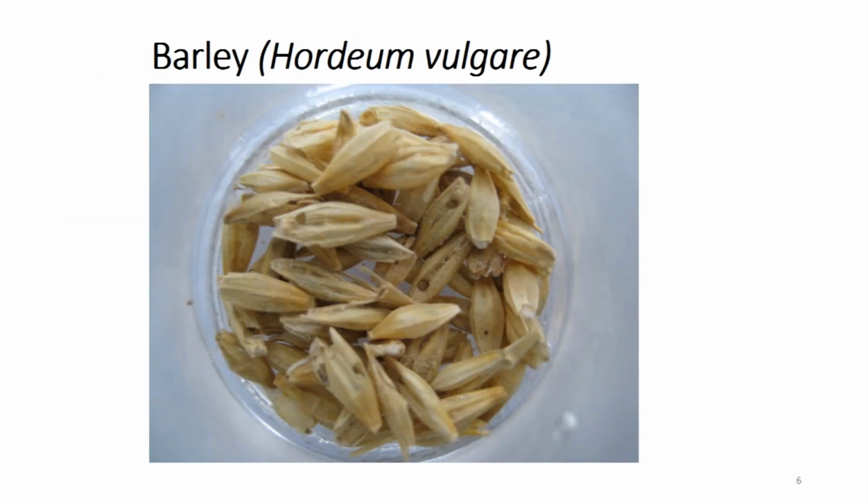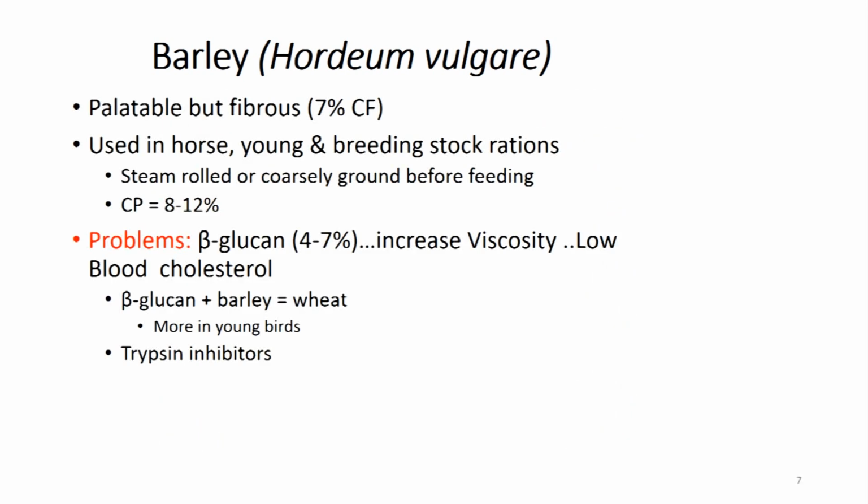Barley, Hordeum vulgare. Its grain is of small size, but a little bit thick in the middle when we compare it with the oat. Barley's local name is jau. Barley grain is palatable, but due to the presence of husk or hull, its fiber content goes up to 7%.